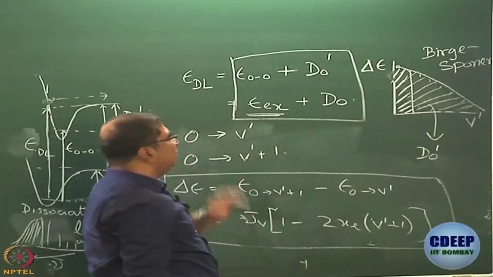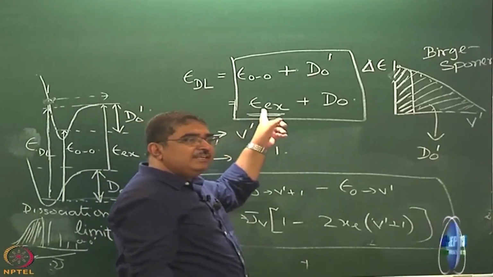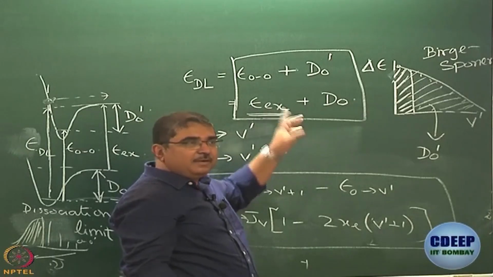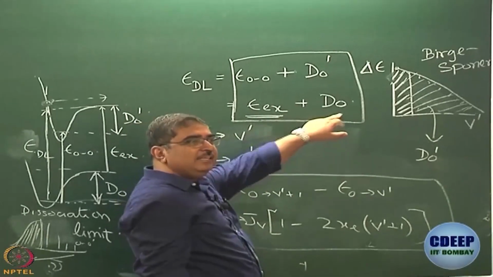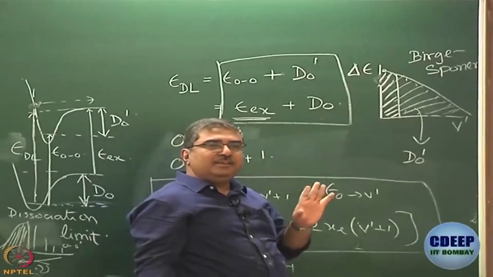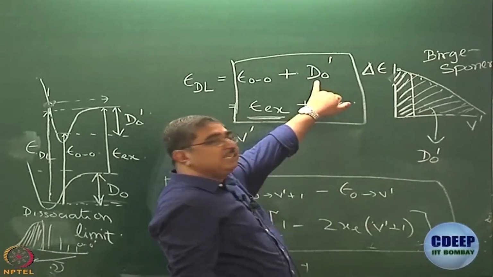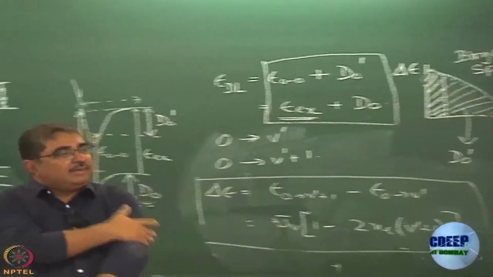What are the things that I know already? As I told you, epsilon Ex can be found by non-spectroscopic experiment. D0 is something that you can know using your IR spectrum. D0 dash you have just determined. So, if your band origin is not very prominent, then you can find out band origin.